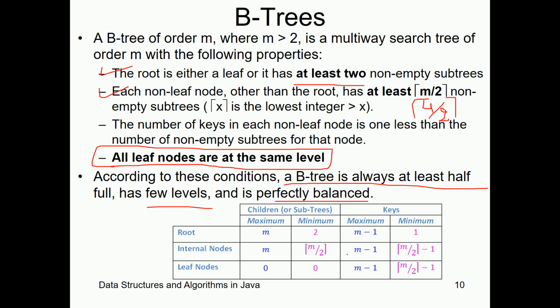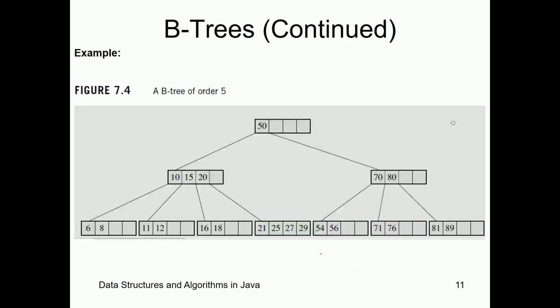Perfectly balanced means all the children have the same level. So now you can have this kind of maximum and minimum in the root and in each key. This table summarizes some of that, but let's go into this and try to understand how it works.